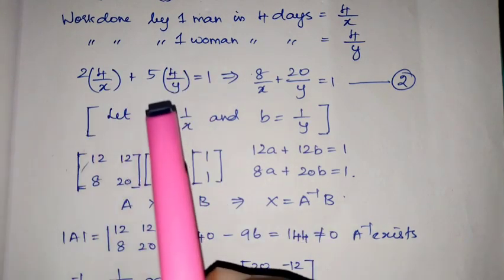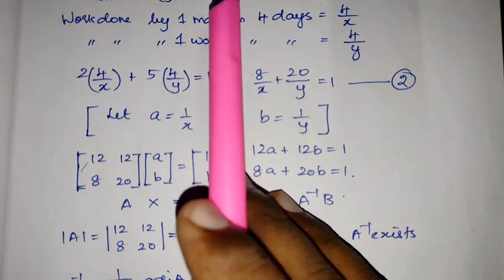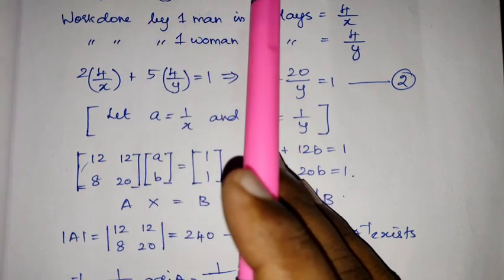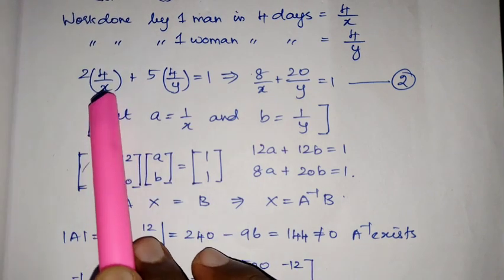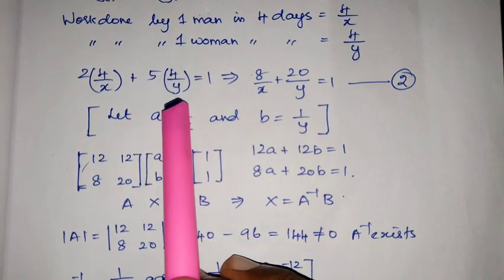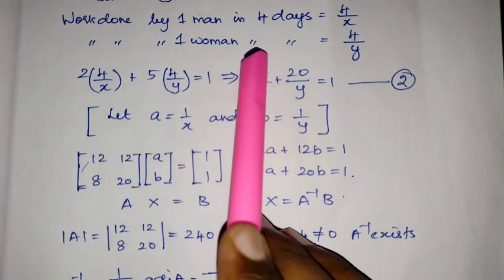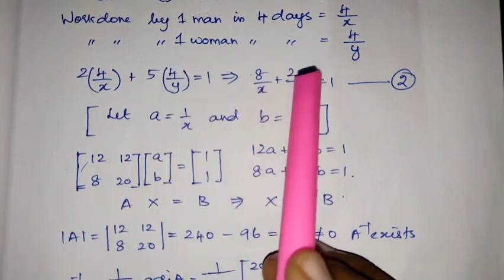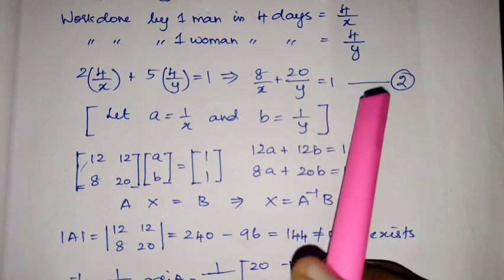Now it is given that 2 men and 5 women work. So 2 into work done by a man in 4 days plus 5 into work done by a woman in 4 days is equal to the work completed, that is 1. So 4 into 2 is 8 by x, 5 into 4 is 20 by y, which is equal to 1. This is equation 2. So equations 1 and 2 we are going to solve.